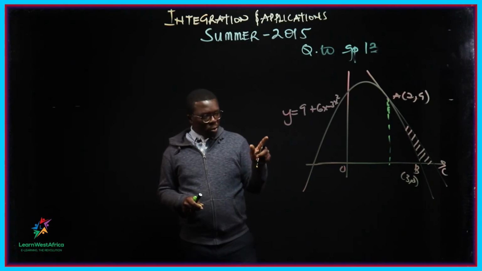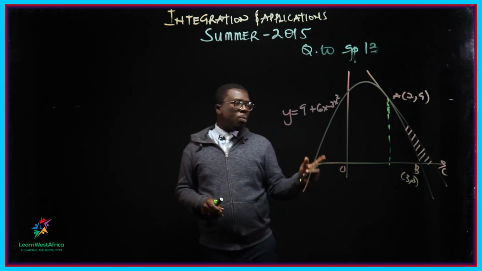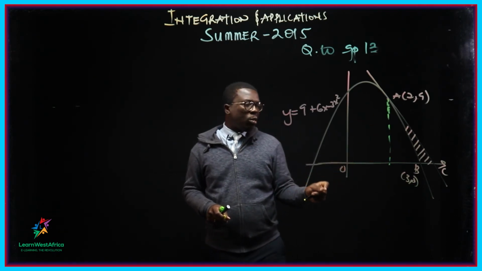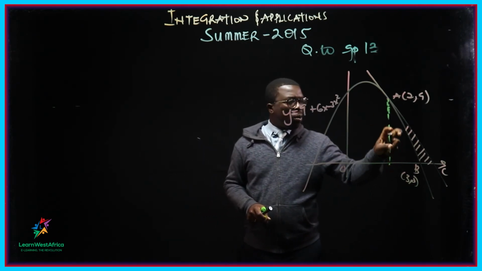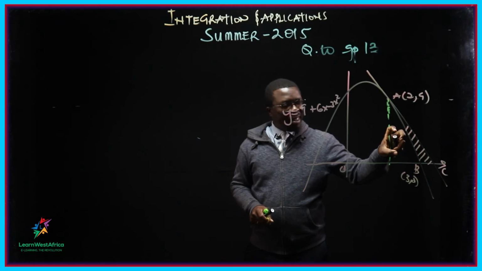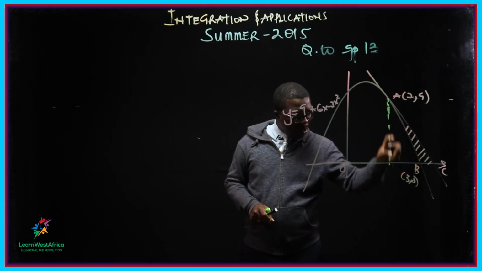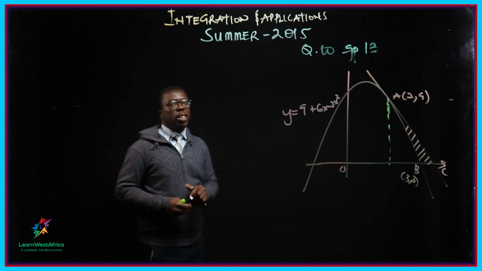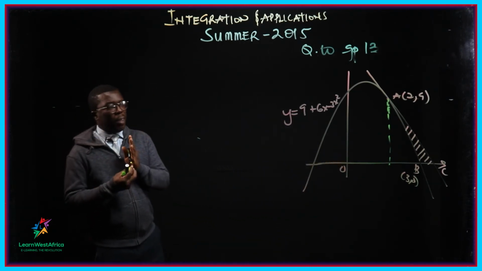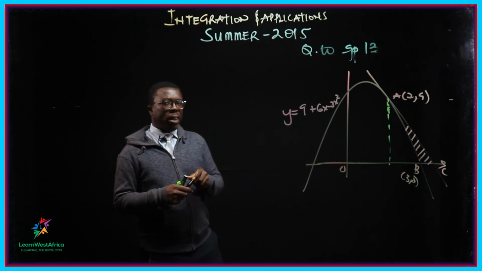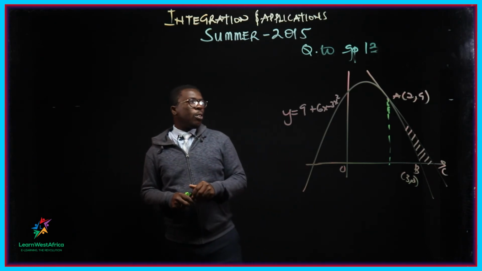Then we find the area bounded by the curve and the x-axis, which will be this region. When we subtract the area bounded by the x-axis and the curve from the area of the triangle, we should get the area of the shaded portion. Are we okay? It should be pretty simple for us to work this out, guys.